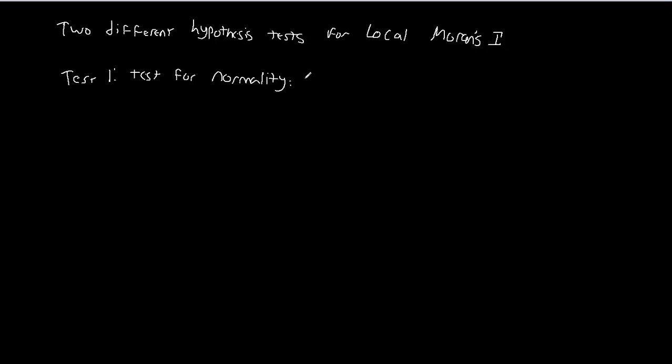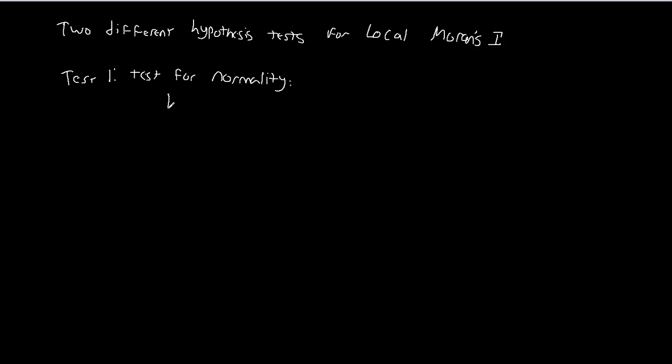The test for normality makes the assumption that the values of our local Moran's I follow a normal distribution, which would indicate that the vast majority of our local Moran's I values should have values close to the mean. That's kind of what it means to be normally distributed. So we're going to test that assumption. Are our local Moran's I values normally distributed?